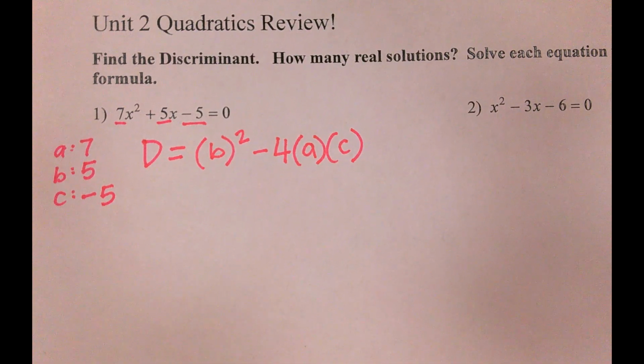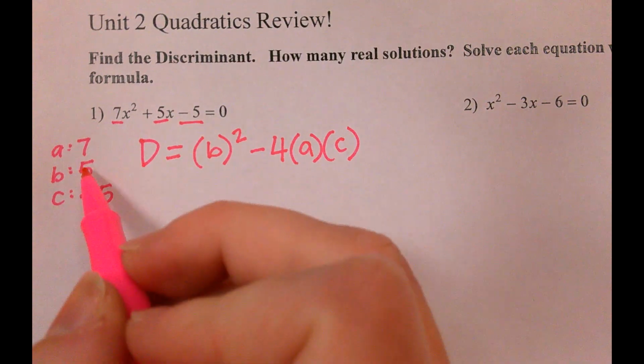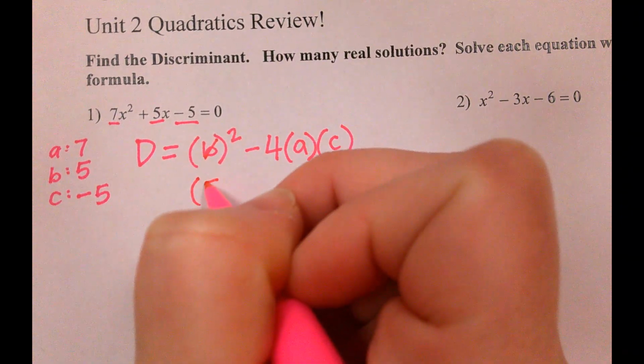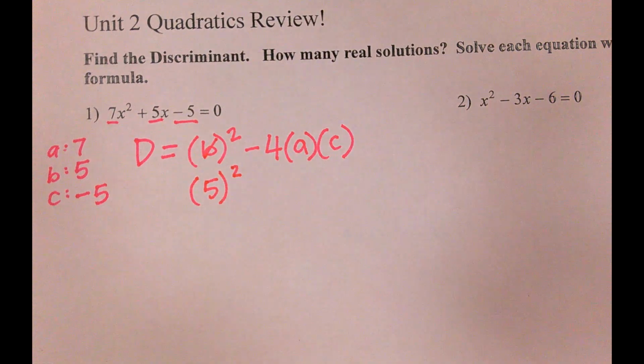With this formula, tell me, where do we go from here? Plug in our values, absolutely. So what goes into the first blank? 5, that's B. So we have 5 squared.